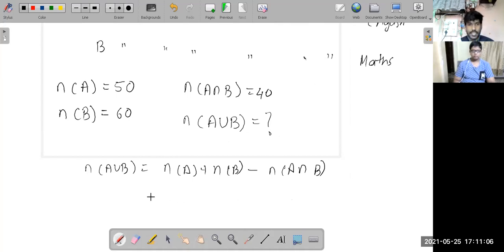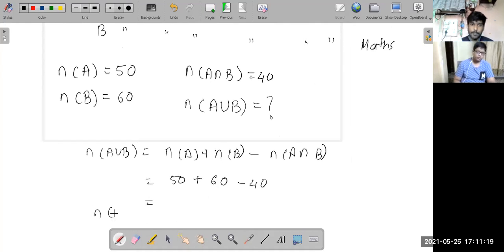Okay. Now we'll just substitute the values. So n of A is 50 plus 60 minus 40. Can you calculate this? 70. Correct. So n of A union B is 70.